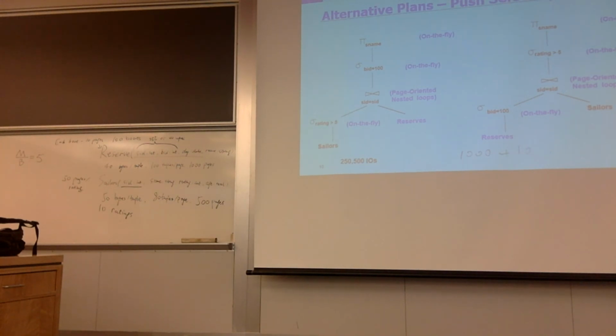For each of these pages, you scan the whole file of Sailors once, so it's going to be 10 times 500. The end result would be just 6,000 IOs, right? You only have 6,000 IOs instead of 250,000 IOs. That's roughly a reduction of 2 orders of magnitude. That's good.